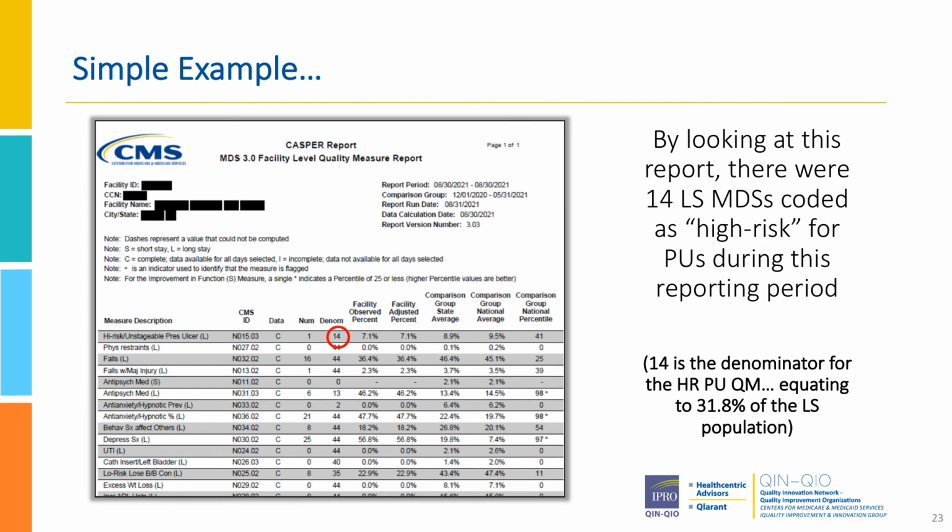I also know by looking at the same report that the denominator for high-risk pressure ulcers is 14. That 14 represents the long stay population found to be at risk by the MDS for the development of pressure ulcers. That calculates to only 31.8% of the total long stay population at the time.